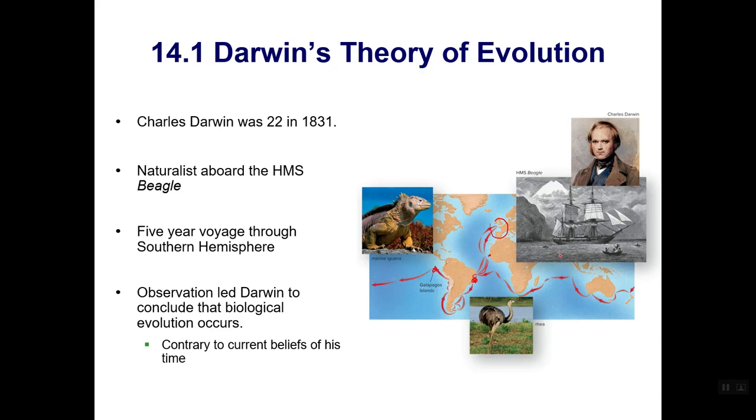So that would be over here, down through Australia, back around Africa, and eventually back home to England. So this took 5 years, and along the way, all of these stops, he made observations about the natural world around him. For example, he primarily looked at animals and compared animals from his home country to animals around the world.